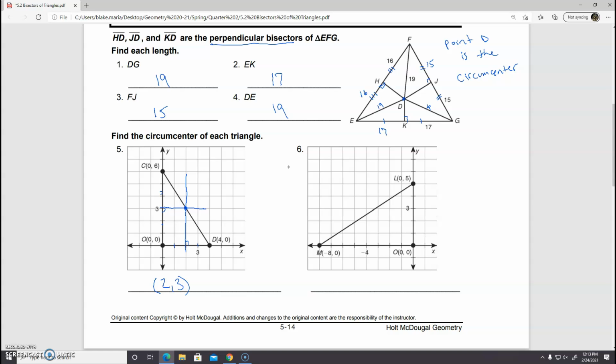It looks like we're going 0 to 5, so it looks like that's going to be a half point. So we're at 2.5. Trying to graph nicely here. And then 0 to -8, which halfway would be -4.